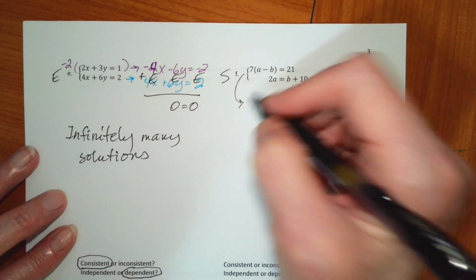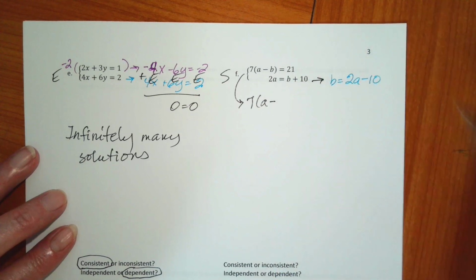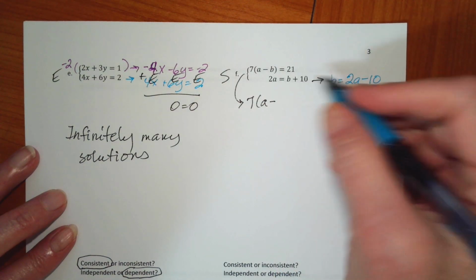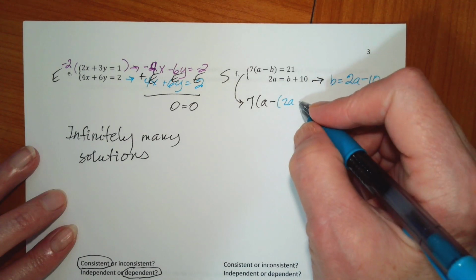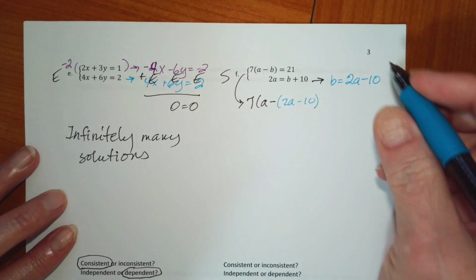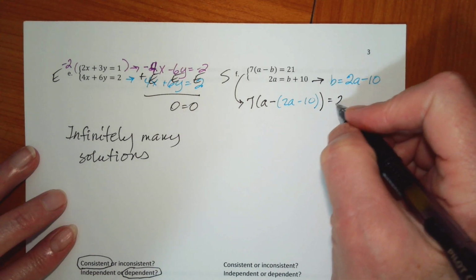So now I'll take my top equation and I will replace b with 2a minus 10 is equal to 21.